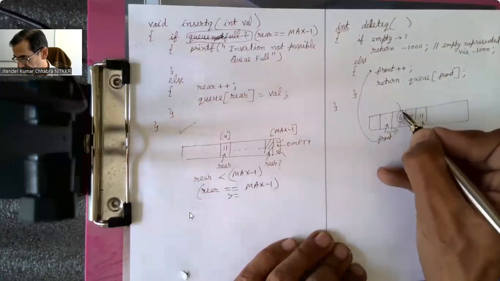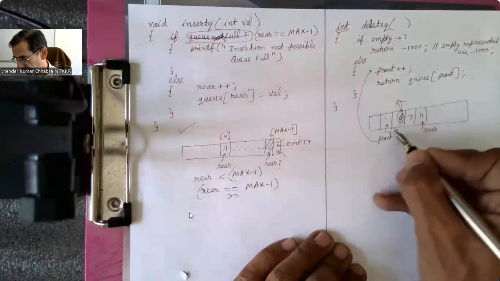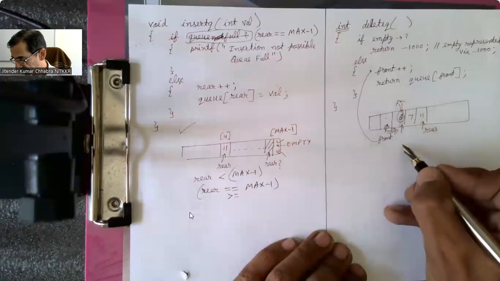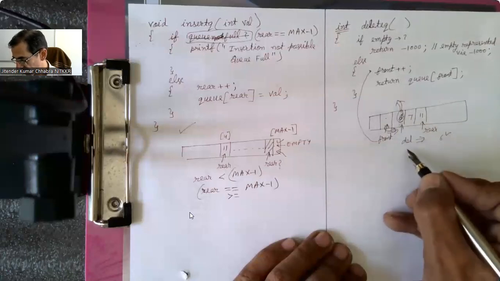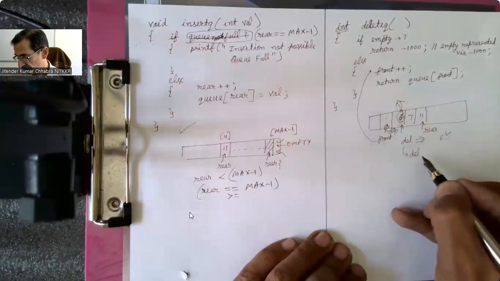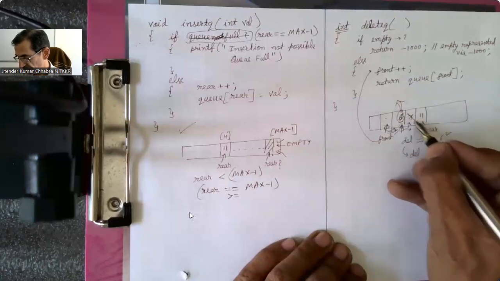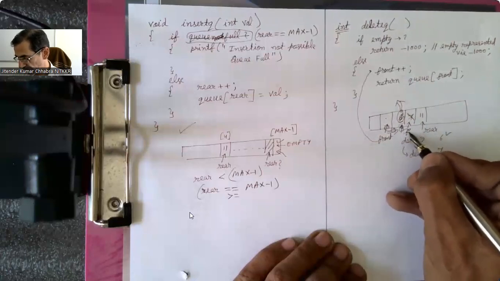This value will be extracted and returned, and then this is equivalent to being empty. Later, let's say again a deletion. So deletion meant effectively 6 being returned. Again a deletion call comes. So deletion will again mean front to be shifted. Shifted means now reaching this element, 7 being returned, and effectively front will point to this end, rear to this end.